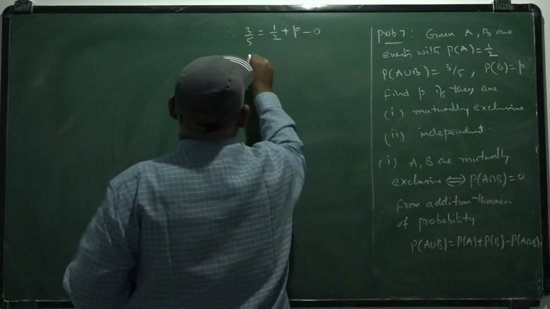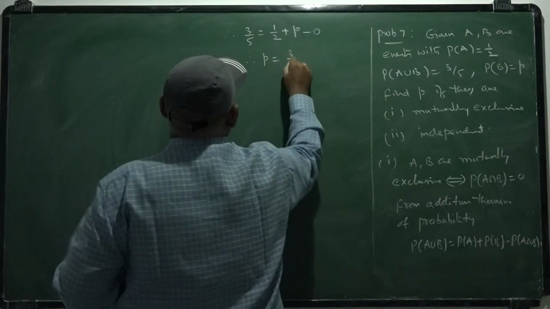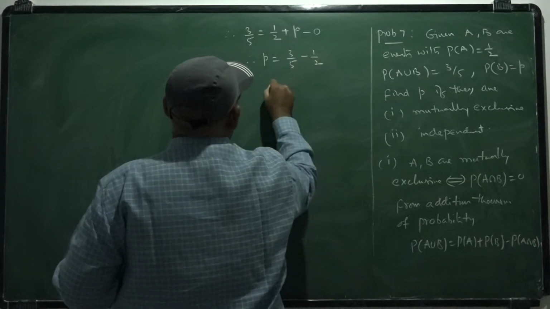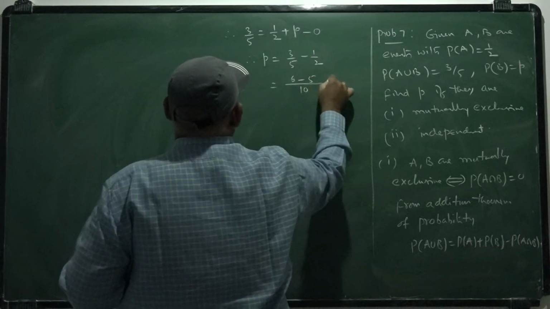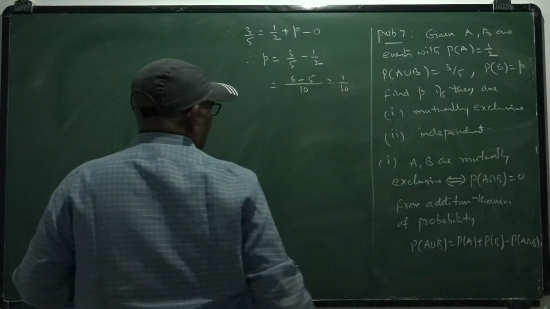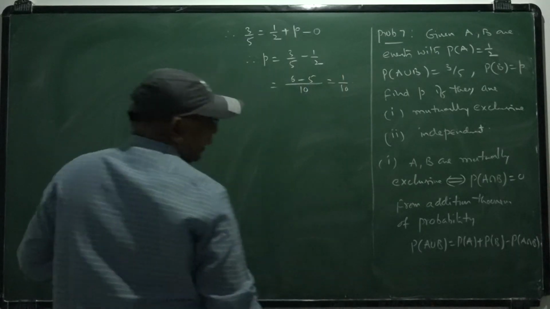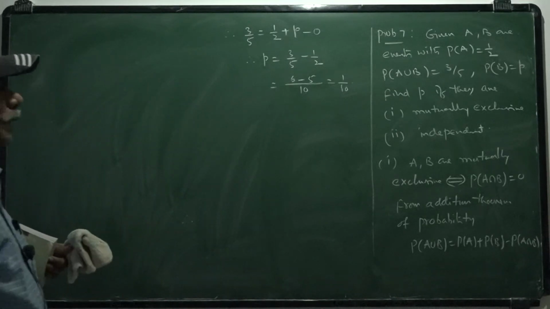So p takes the value 3/5 minus 1/2. 10 is our LCM, so 6 minus 5, that is 1/10. In this case, the probability of B is 1/10.